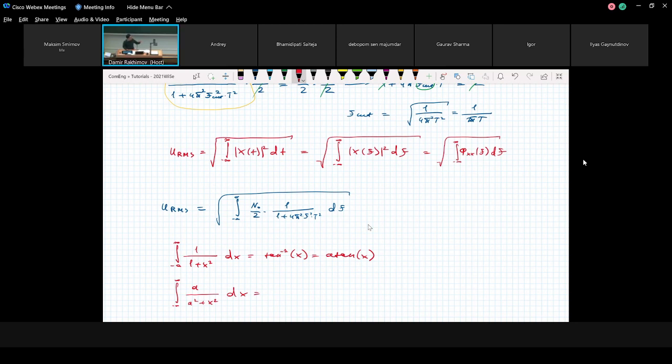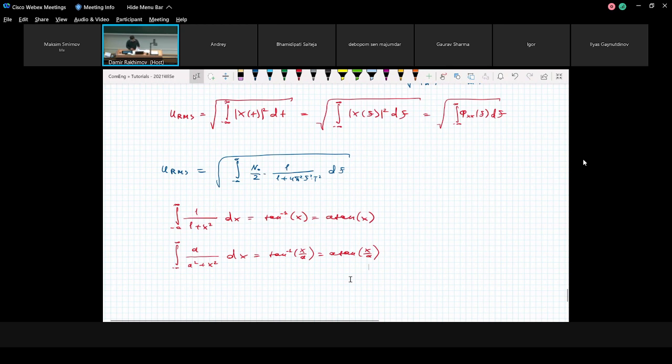It will be equal to tan minus 1 of x over a, which equals arctangent x over a. Let me just finish, two more lines. Then we can write it as the integral from minus infinity of N0 by 2.